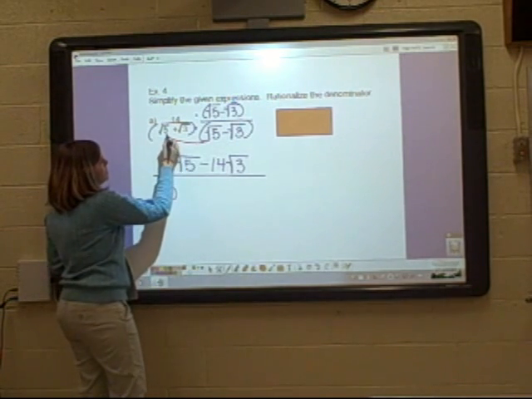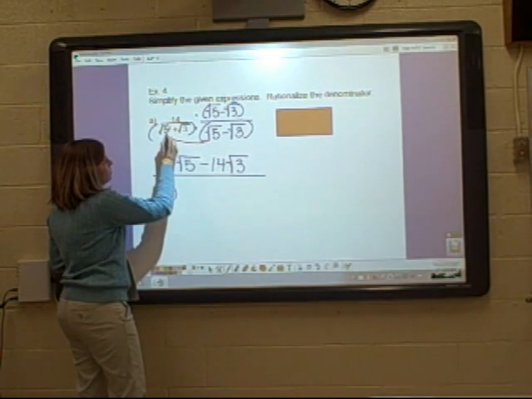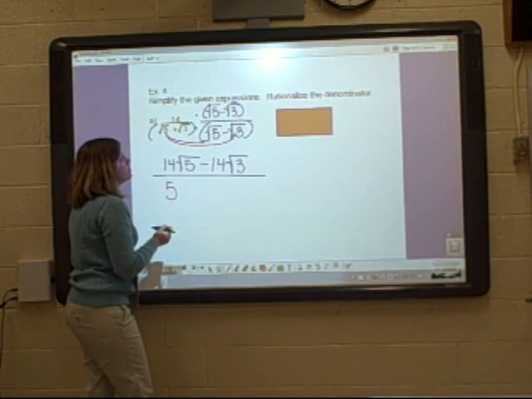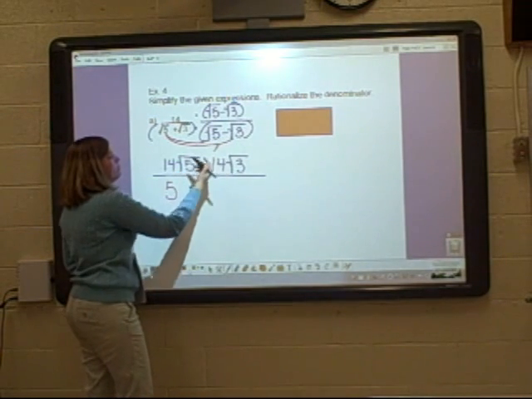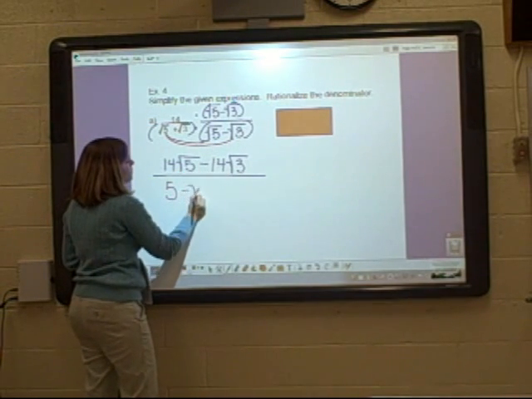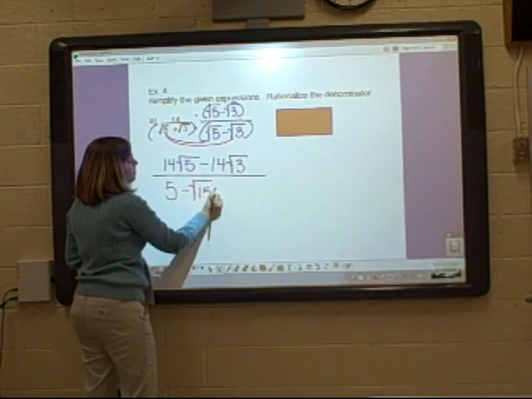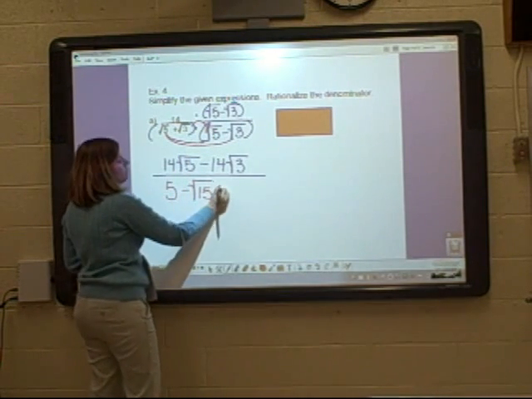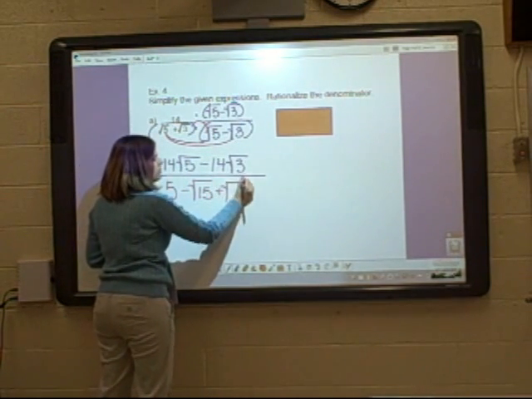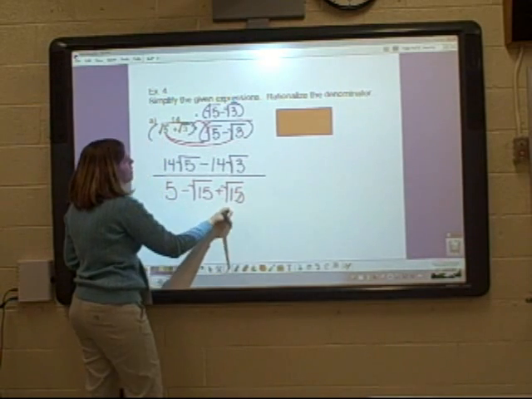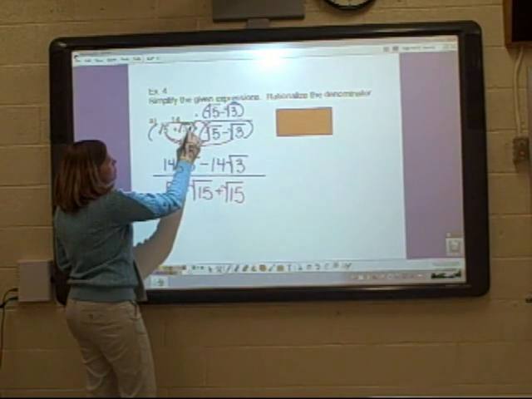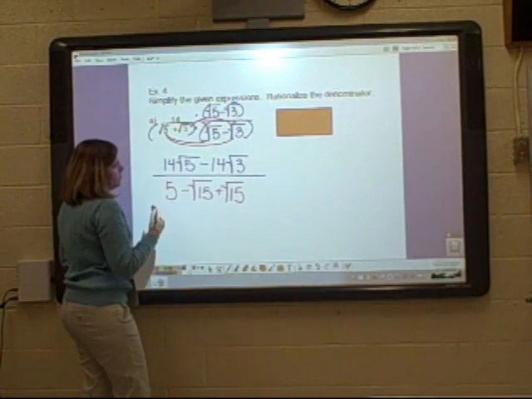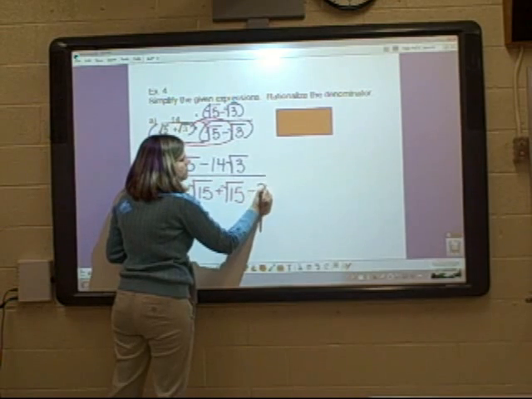So if we do our outers, the square root of 5 times the negative square root of 3 is the negative square root of 15. Our inners, the square root of 3 times the square root of 5 is the plus square root of 15. And the positive square root of 3 times the negative square root of 3 is minus 3.